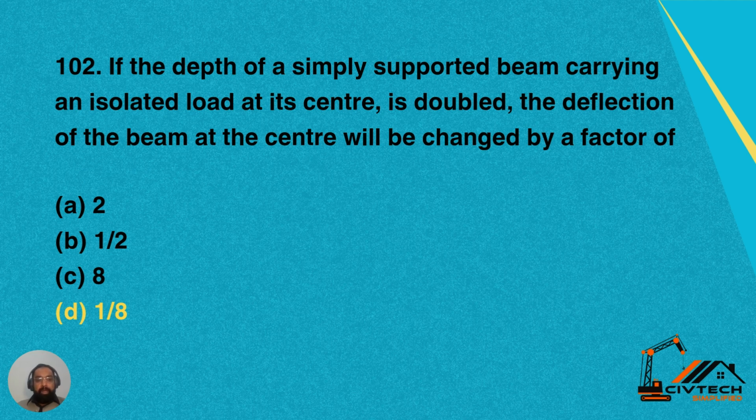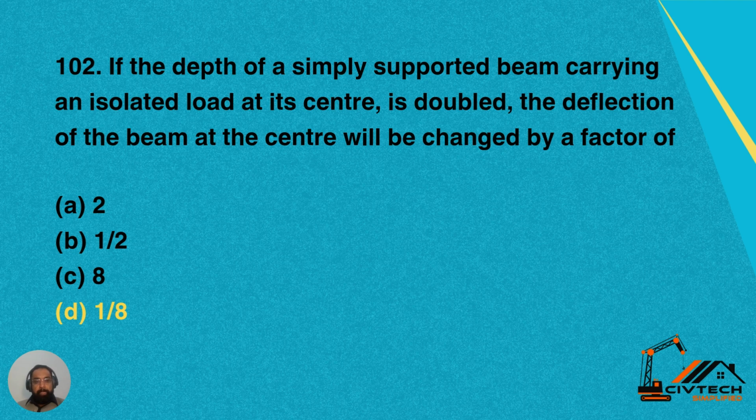Question number 102. If the depth of a simply supported beam carrying an isolated load at its center is doubled, the deflection of the beam at the center will be changed by a factor of option A 2, option B 1 by 2, option C 8, option D 1 by 8.